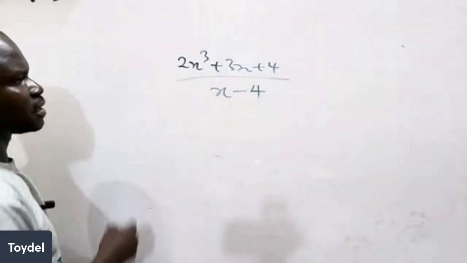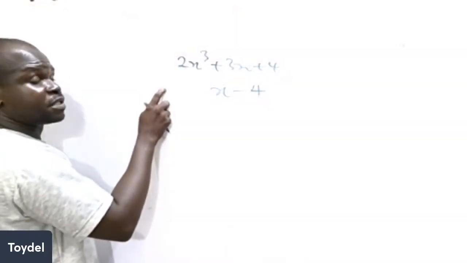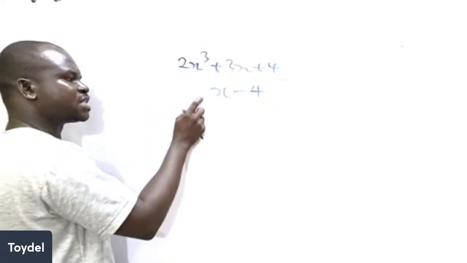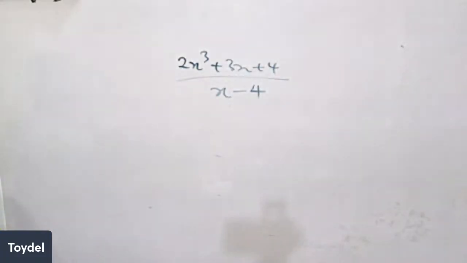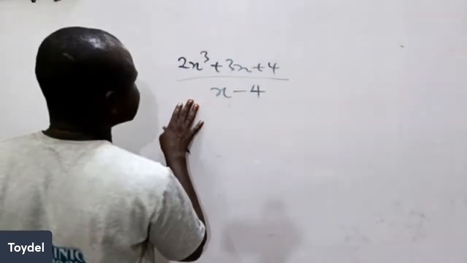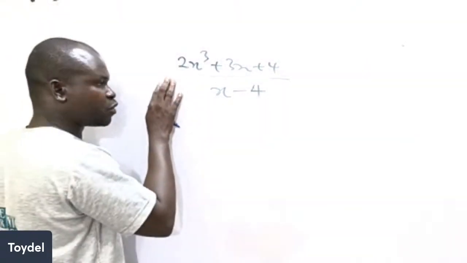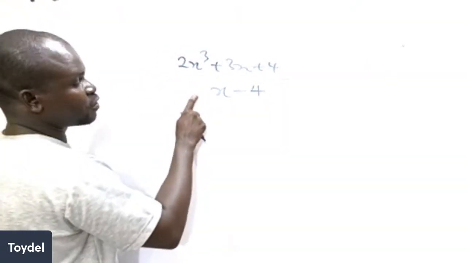You can be asked, what value of x will make this fraction undefined? At times they first tell you to simplify the expression. After the simplification, the big part of the question will be what value of x will make that expression undefined. What they are trying to ask is that for this expression to be undefined, the denominator must be equal to 0.